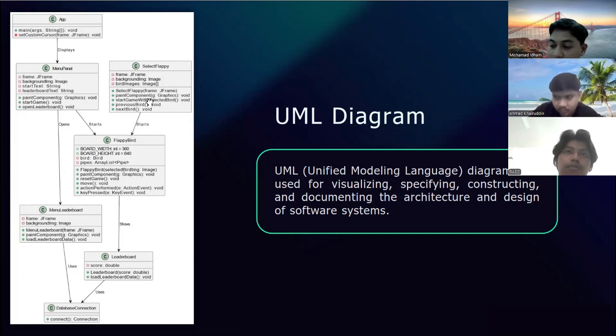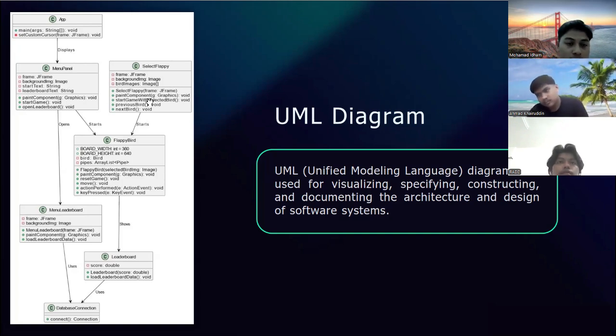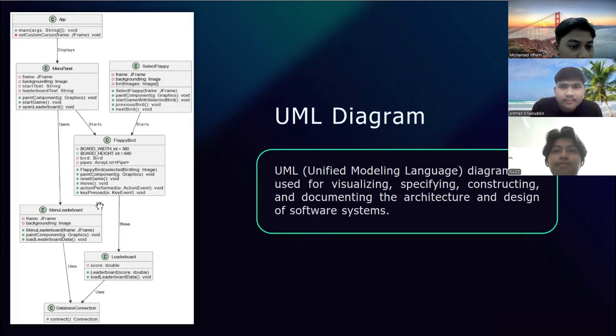Then the method that we use in this class also the same, which is select Flappy, because there is several birds that we use in this game. So user can choose which birds that they want to play with. And then next start game, we have selected bird, of course, and then previous bird to replay that. And then the next bird.